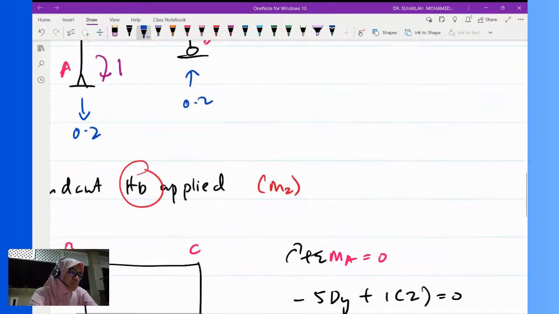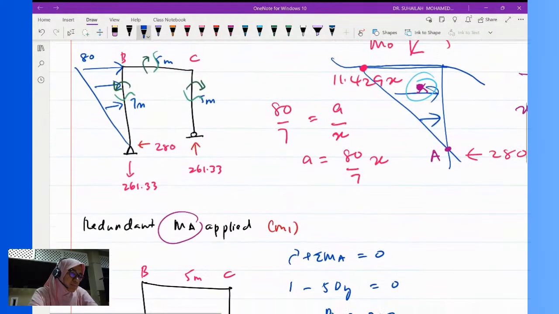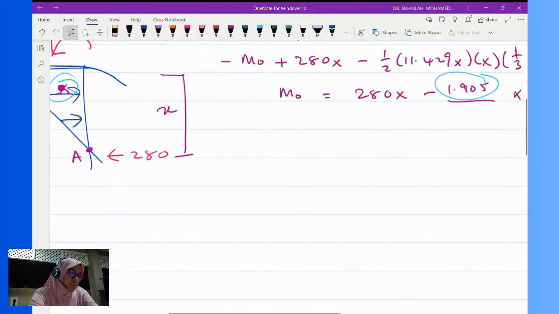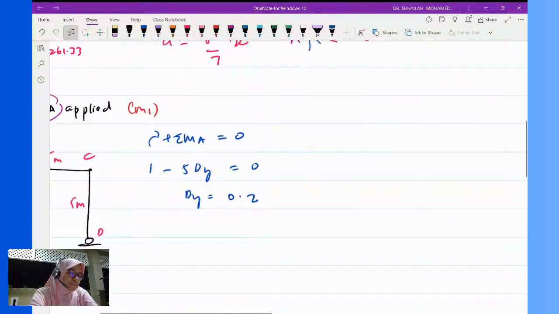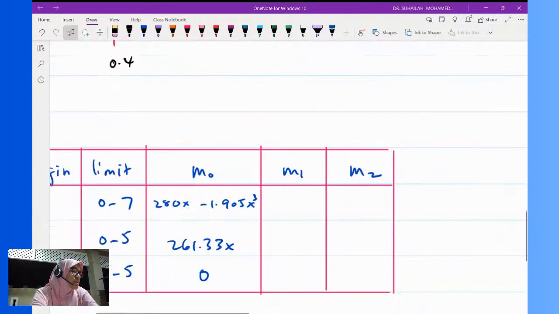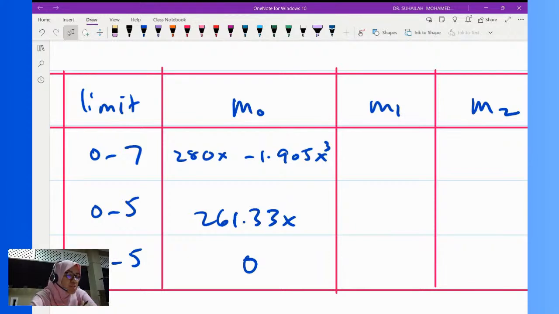Is it the right one? 280x minus 1.905x cubed. Okay, so that settles the moment equation for the primary frame.